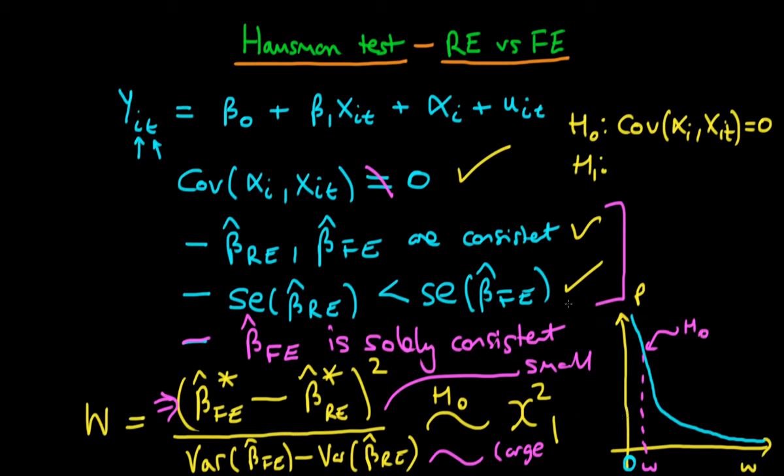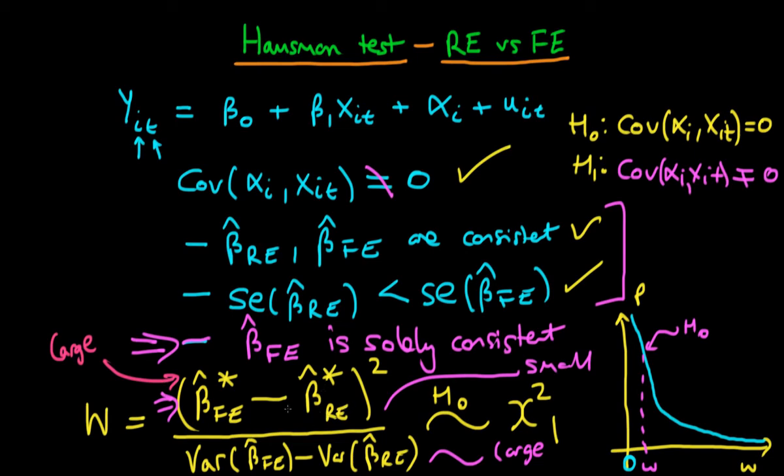Whereas if the null hypothesis is false, then essentially we're saying that the covariance of alpha i with x_it does not equal 0. And if that is the case, then it is this third statement which is going to come into play. And the way in which it works is that if this third statement is true, then the numerator now is going to be relatively large, because there is going to be some difference between the point estimates of fixed effects versus random effects. Because fixed effects is the only one which is consistent, random effects is most likely going to be quite different to that.